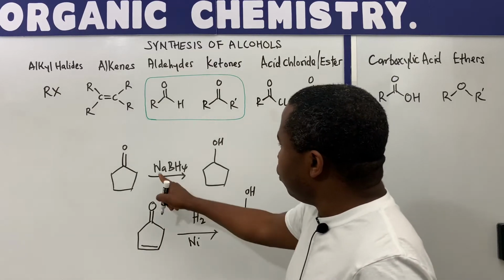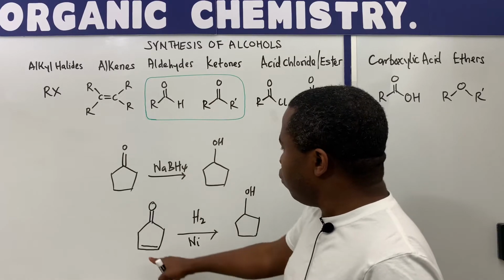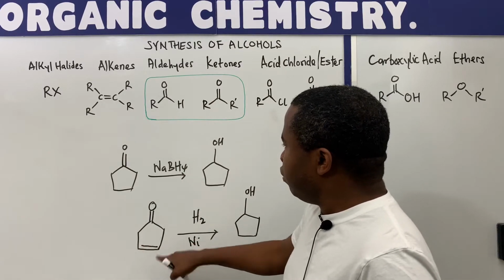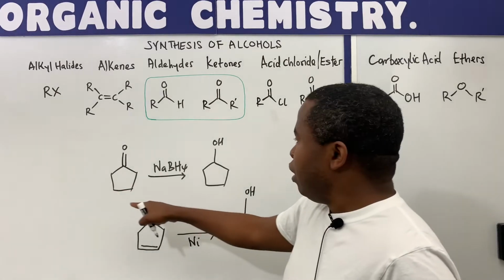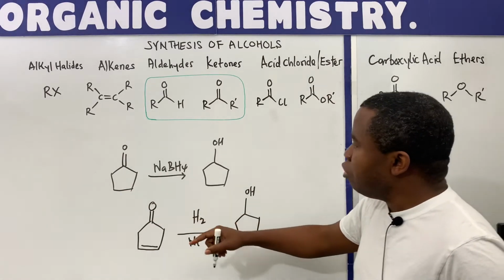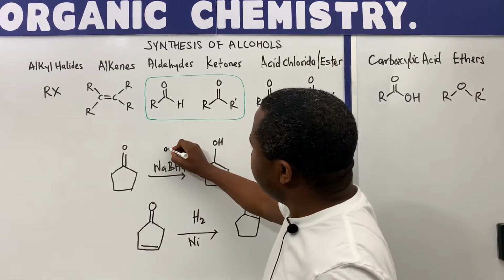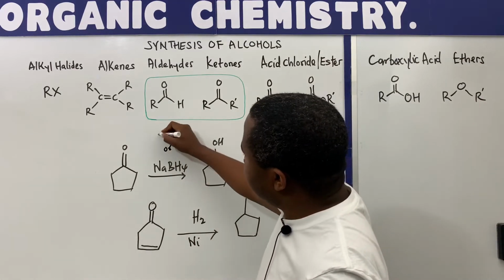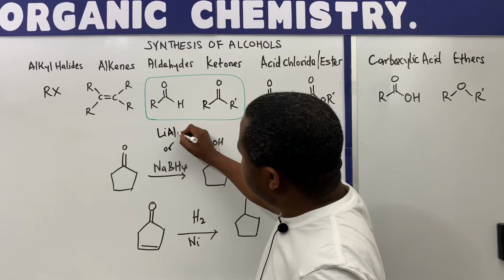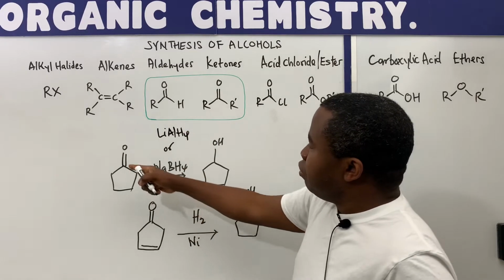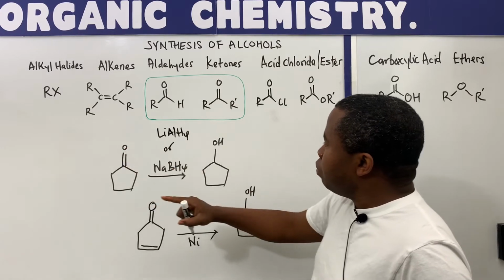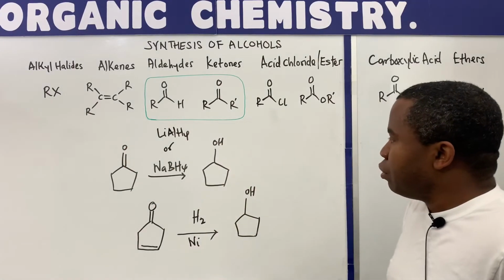But if we use sodium borohydride, even if we have an alkene in the molecule, it's not going to affect the alkene. And the same thing goes for lithium aluminium hydride. So either sodium borohydride or lithium aluminium hydride will selectively reduce the carbonyl functional group to the alcohol functional group.